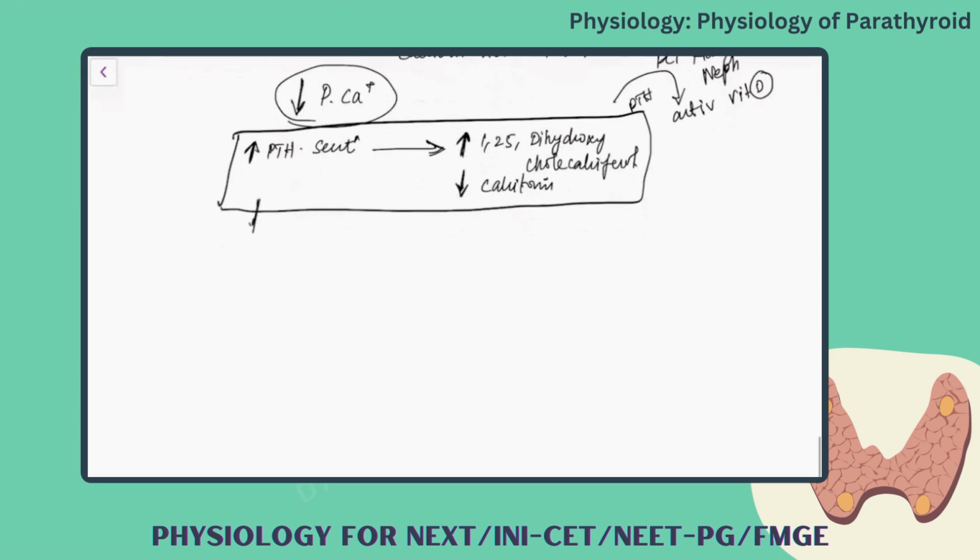So what effect will this have on the bone? In the bone, the scenario is decrease of plasma calcium level. Okay, plasma calcium level is decreased, so automatically parathyroid hormone secretion will be increased. Over the bone, it increases the PTH secretion.